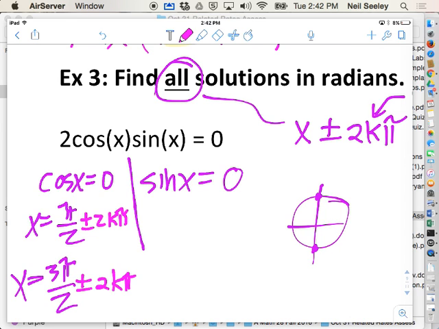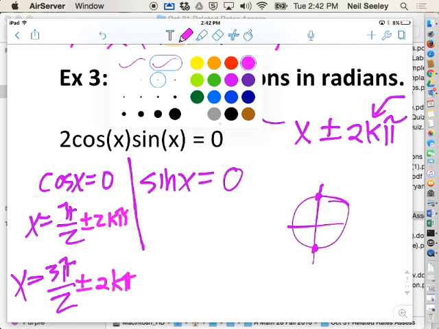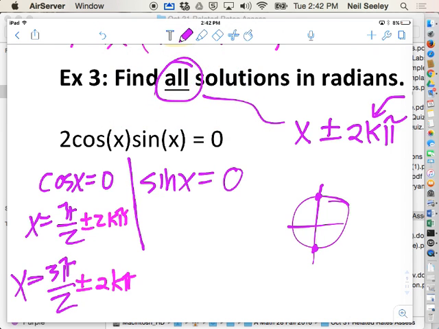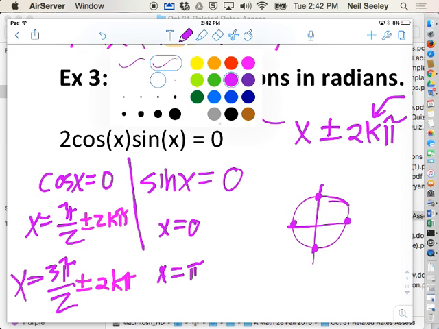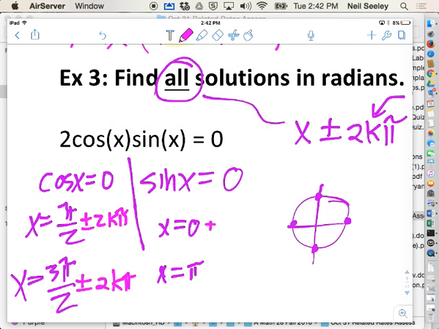Sine of x is 0. You know where that happens, right? Sine is height. It happens at these places, 0 and pi. So if I said x equals 0 and x equals pi, those are great. But you also want to go in there plus or minus 2k pi. Got it? Plus or minus 2k pi.